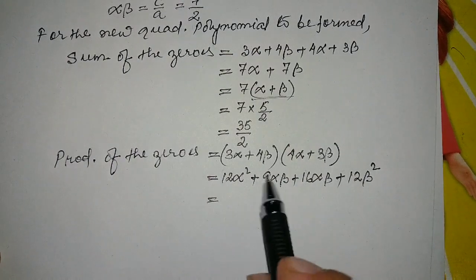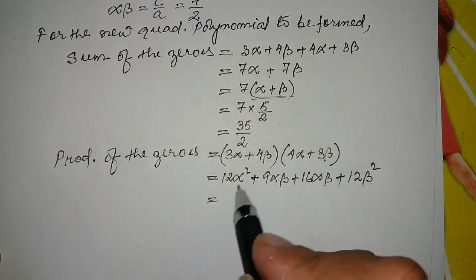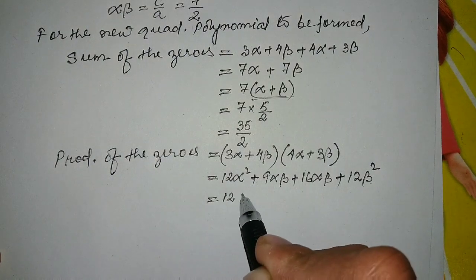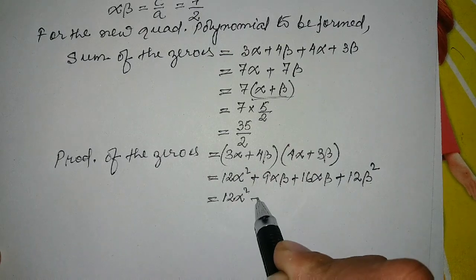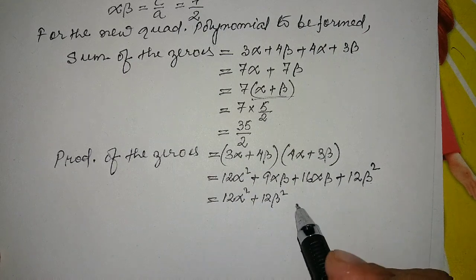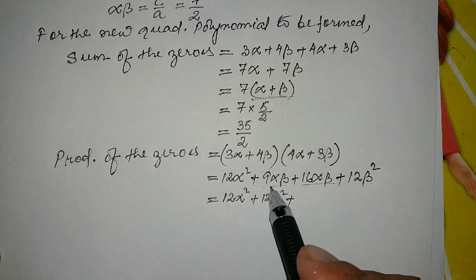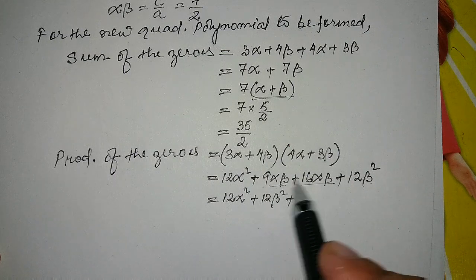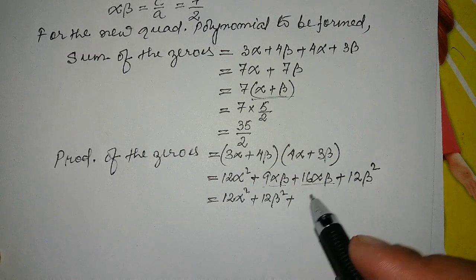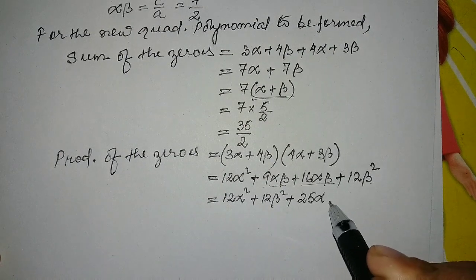Now here this alpha square and beta square, I'm going to write together: 12 alpha square plus 12 beta square, plus, now this 9 alpha beta and 16 alpha beta are like terms, so 9 plus 16, we get here 25 alpha beta.